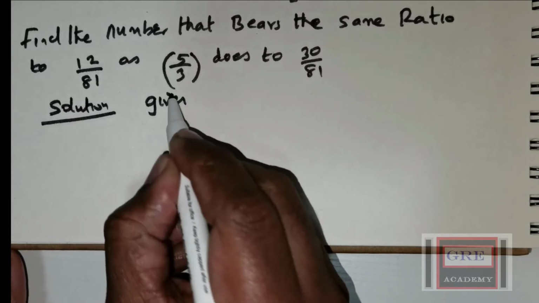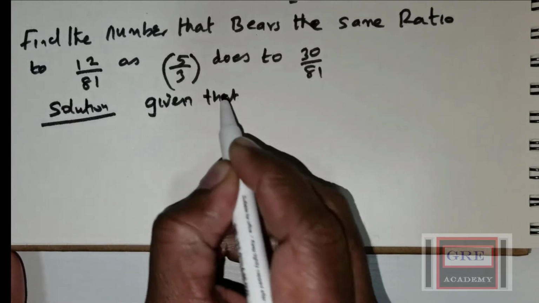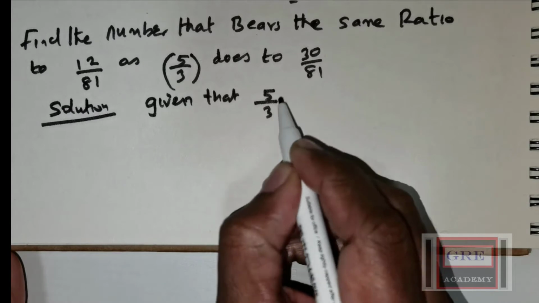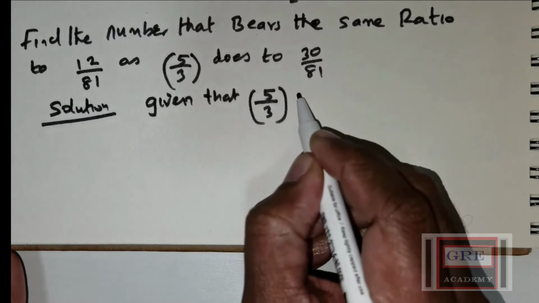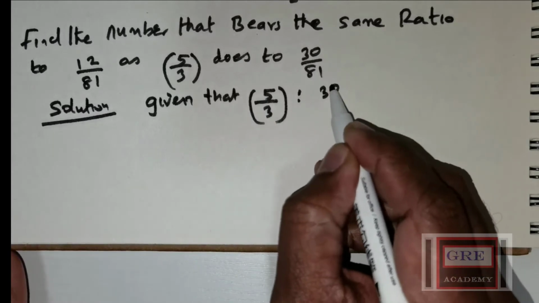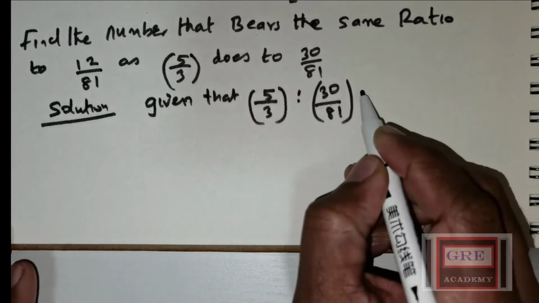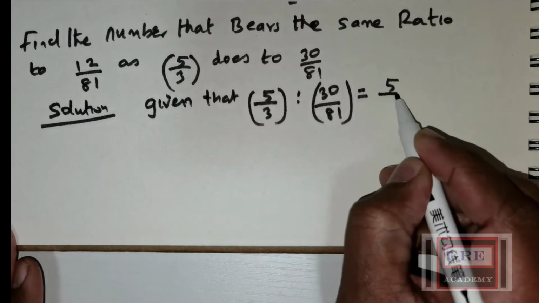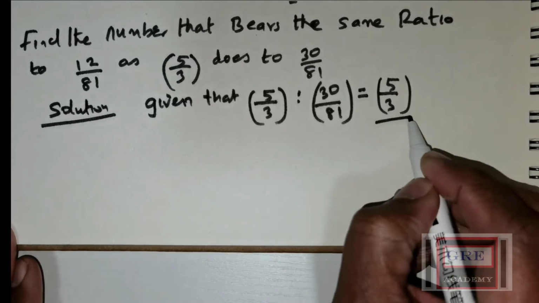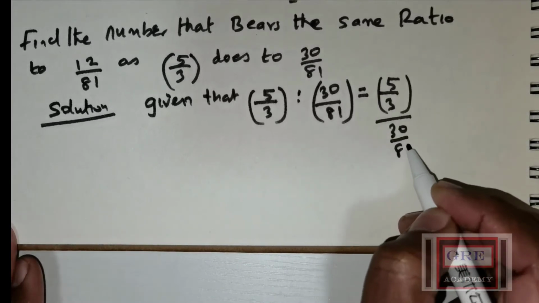Given that 5 over 3 as a ratio with 30 divided by 81. So this means 5 divided by 3 divided by 30 over 81.